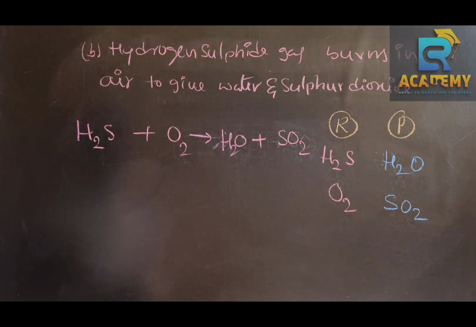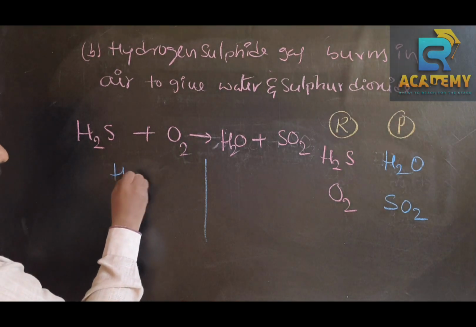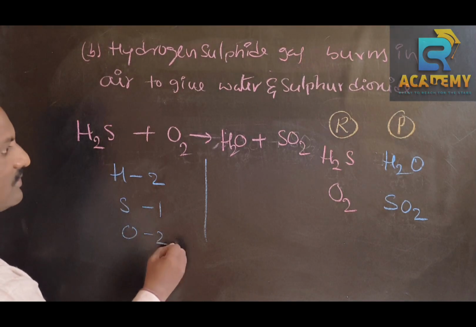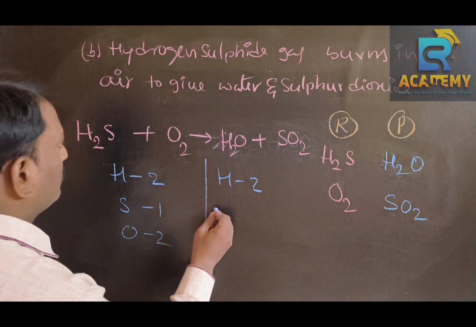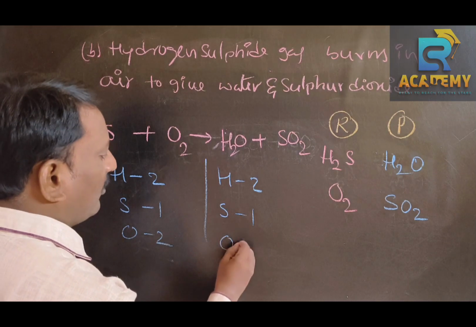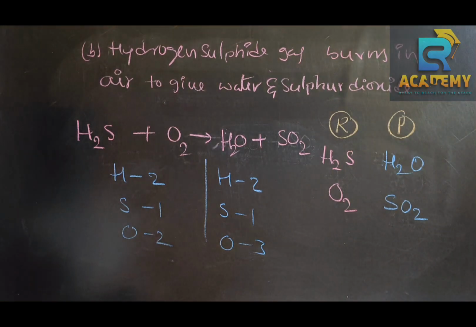Let us check whether the equation is balanced or not. Hydrogens 2, sulfur 1, oxygen 2. On the other side, hydrogens 2, sulfur 1, oxygens 3. It's an unbalanced equation.